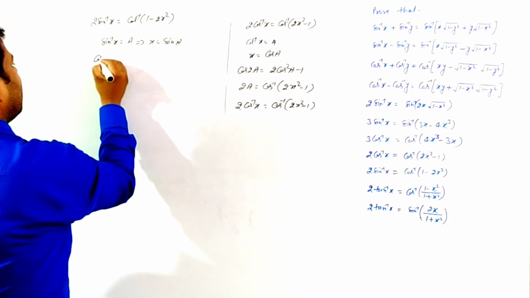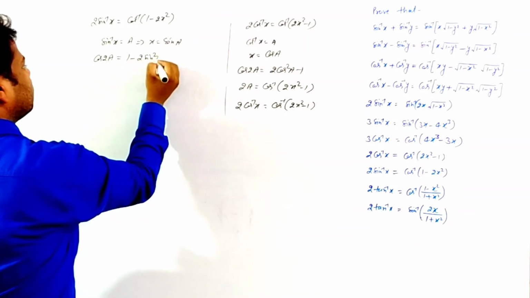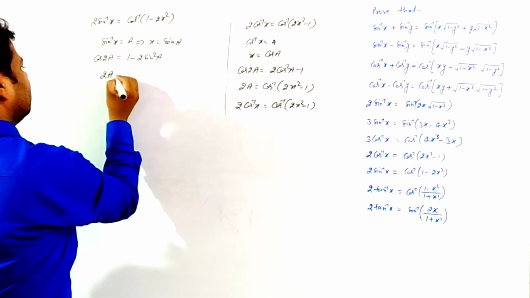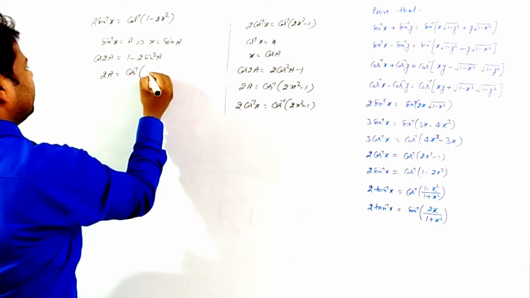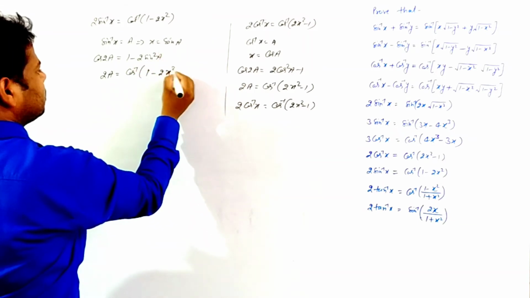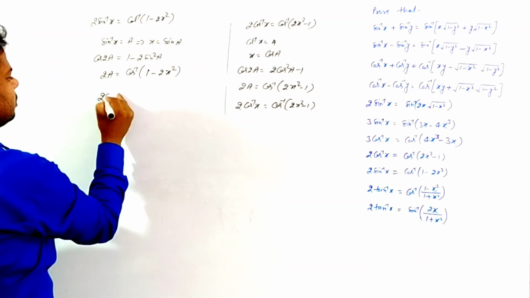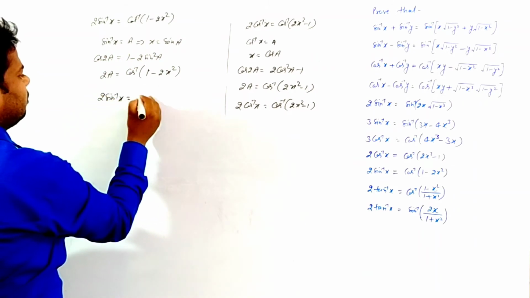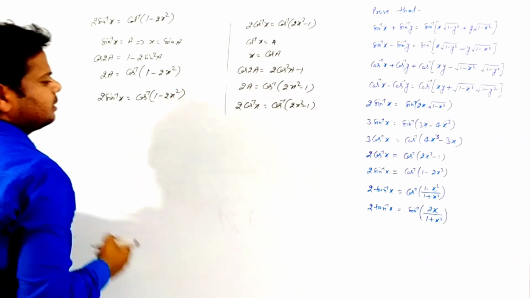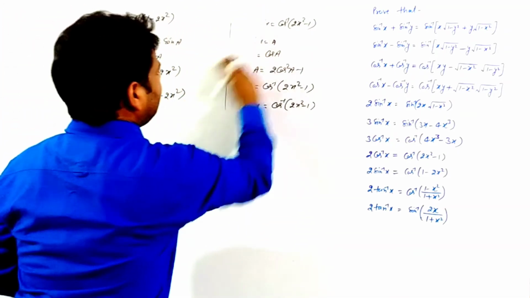We have a formula cos 2a is equal to 1 minus 2 sin square a, and cos goes to the RHS term, then we can write 2a is equal to cos inverse in bracket 1 minus 2 sin square a, here sin a is equal to x, so 2x square, and a is equal to sin inverse x, then we can write 2 sin inverse x is equal to cos inverse (1 minus 2x square). This formula is verified.